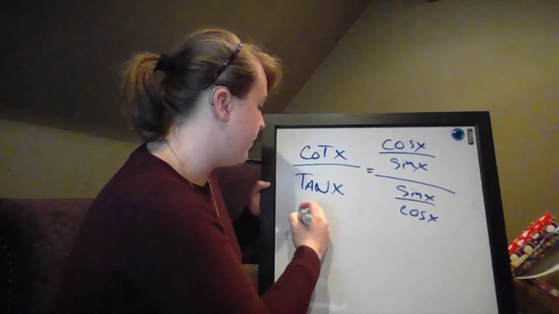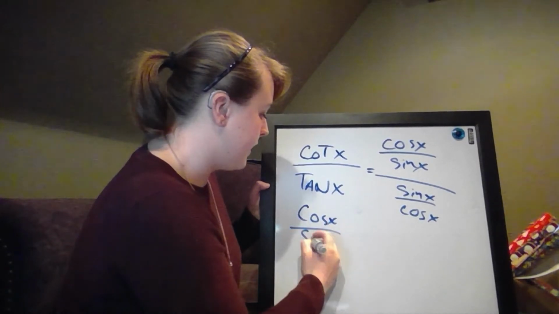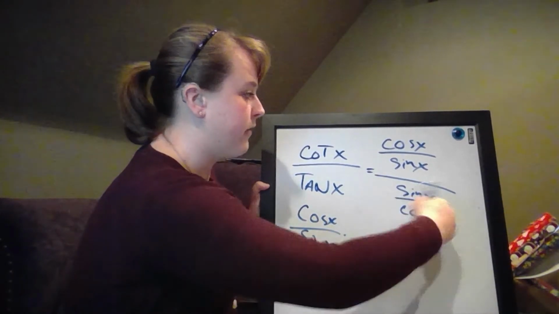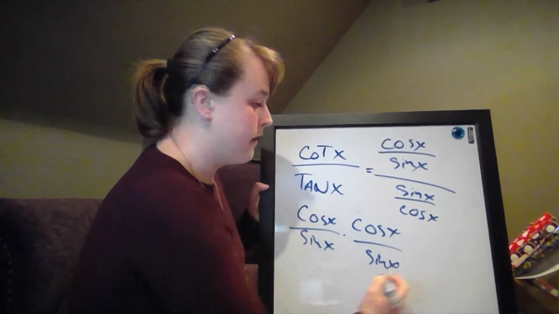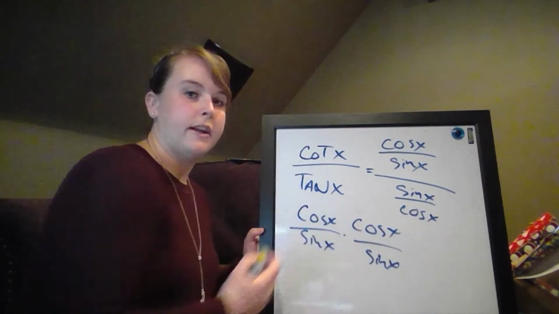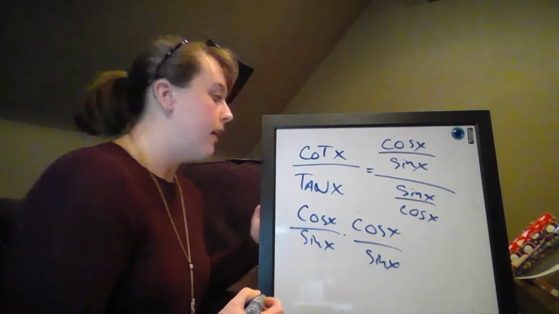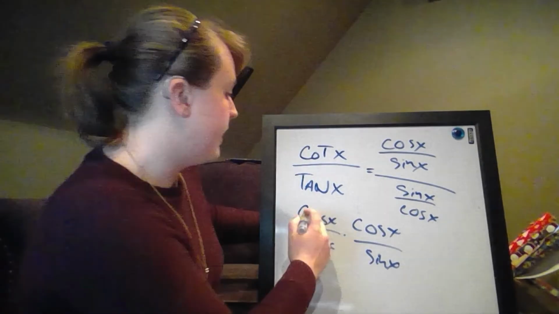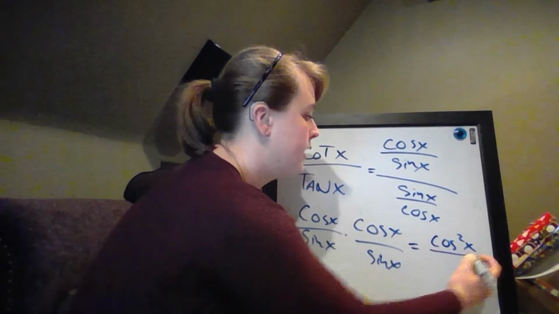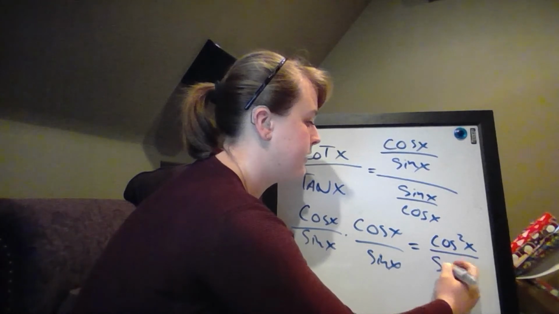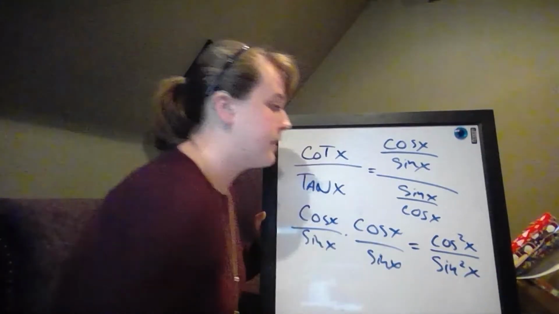So I'm going to take this and rewrite it as cosine over sine times, if I flip this, it's also cosine over sine. And now I can just multiply straight across. So we end up with, on the top, cosine squared of x. On the bottom, sine times sine is sine squared of x.